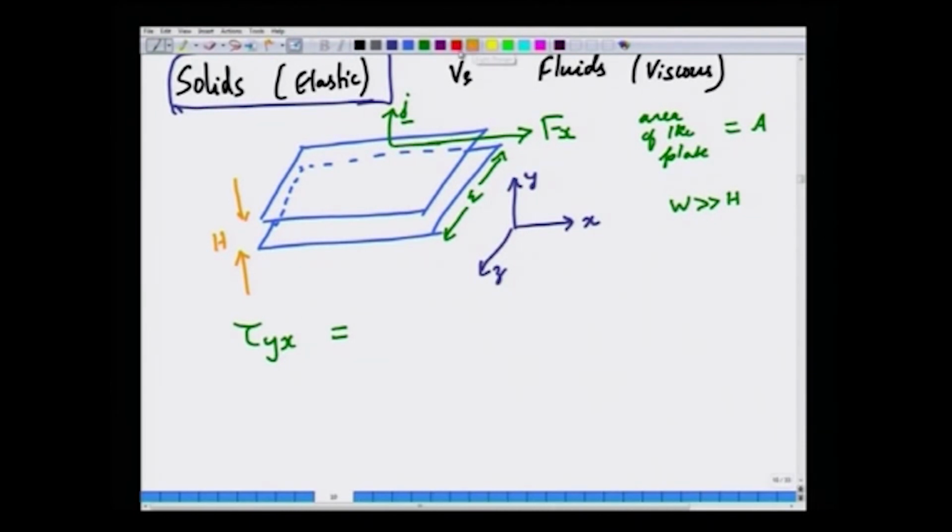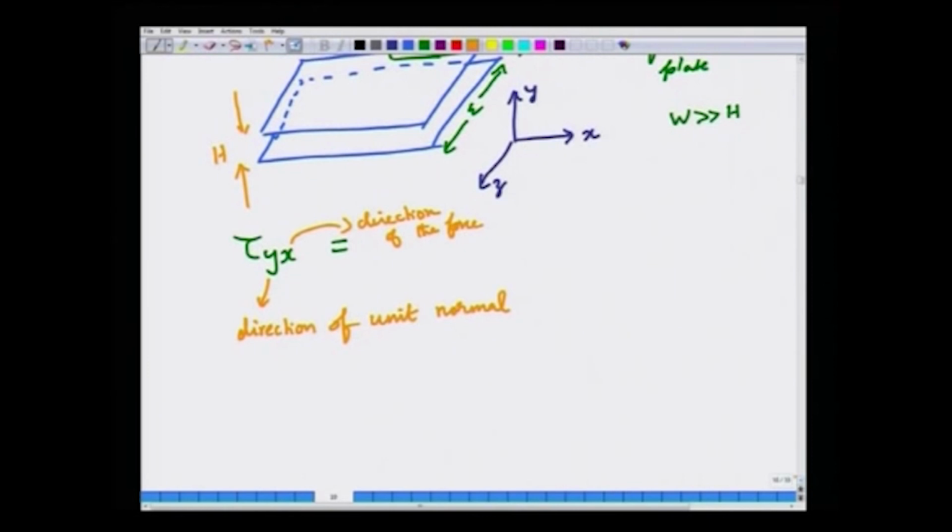So, as per our convention, this is the direction of the unit normal to the surface over which the stress is acting. This is the direction of the force. So, this is the stress acting on the top surface in the x direction, the force per unit area. So, this tau x y is nothing but equal to F x by A.